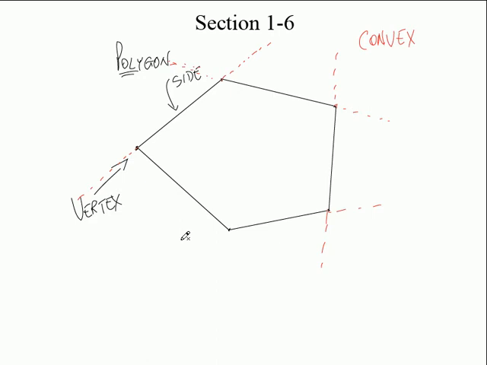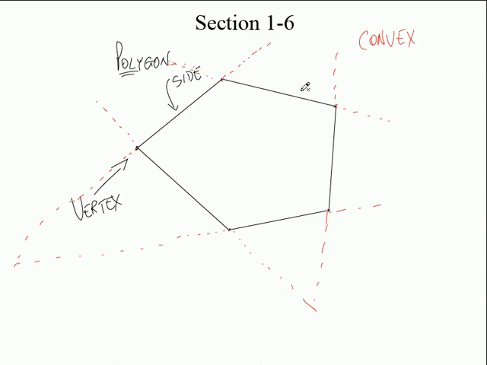Here's another one. You see what I'm doing? Just taking each of those sides and extending them out with a dotted line. Makes a star. Okay. Well, yeah, they'll eventually intersect, but where do they eventually intersect? Just like inside the polygon or outside the polygon? Outside. They all intersect outside.